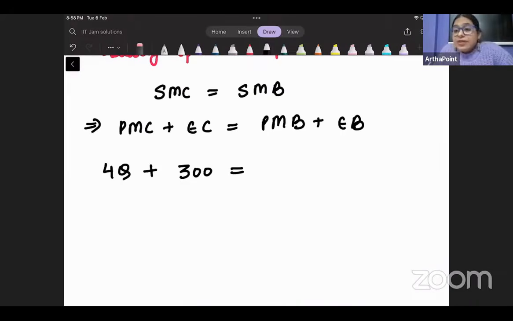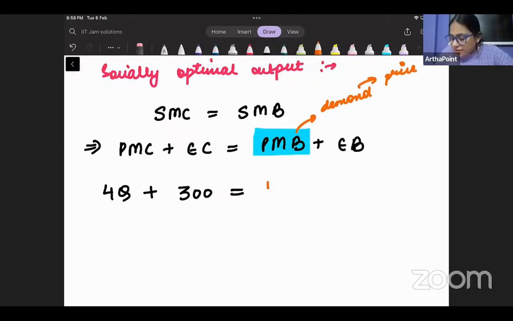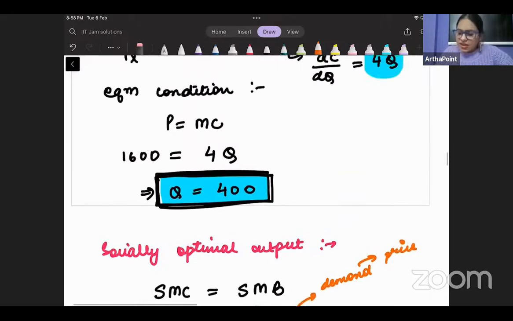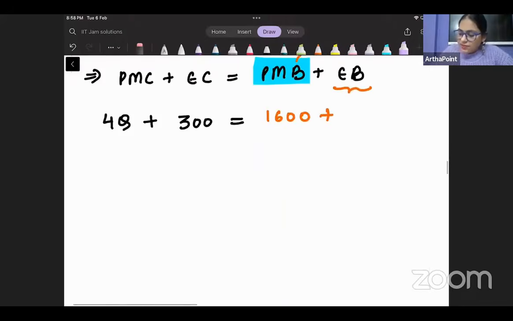What is the private marginal benefit? Beta, benefit is always derived from the demand curve and it is equal to the price of the commodity. So private marginal benefit is 1600. And what is the external benefit he is creating? How much external benefit did he create? He created an external benefit of 700 for firm Y. So external benefit will be 700.